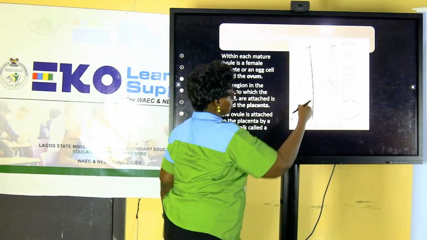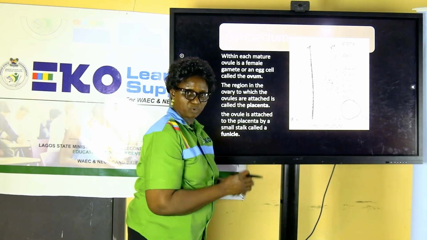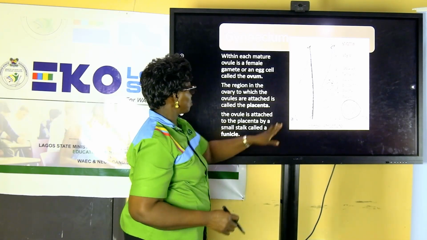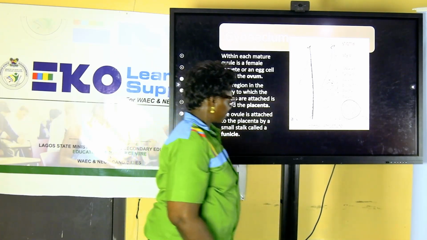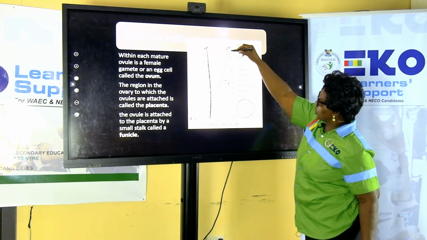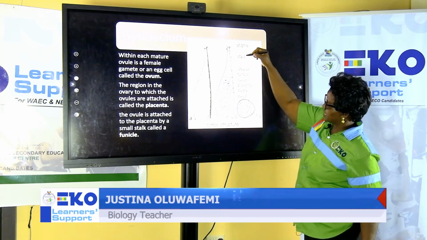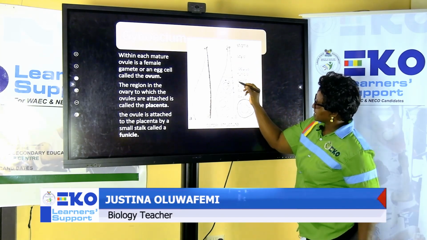Here we have the structure of a carpel, gynoecium, or the pistil. When you look at this, we have the stigma up. The whole of this, from this end to this part, represents the style. And this is the swollen part.